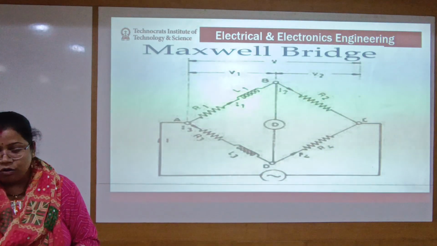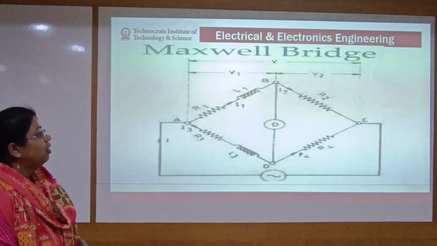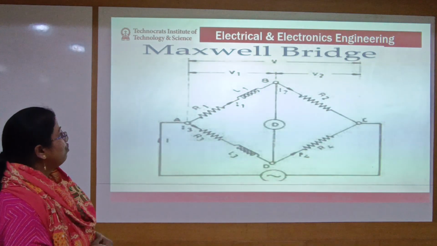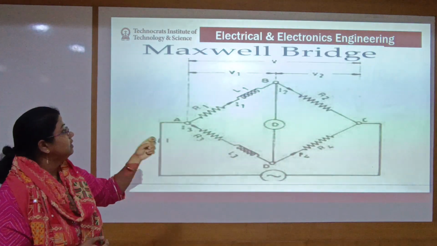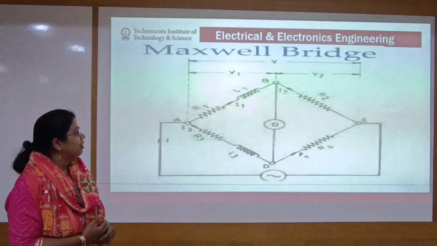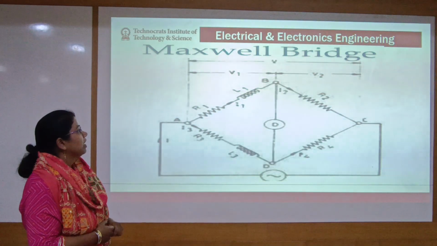Now we discuss the Maxwell bridge. This is the basic circuit diagram of the Maxwell bridge. We have four arms, and in every arm we connect impedances. In arm AB we connect an unknown resistance R1 and unknown inductance L1.